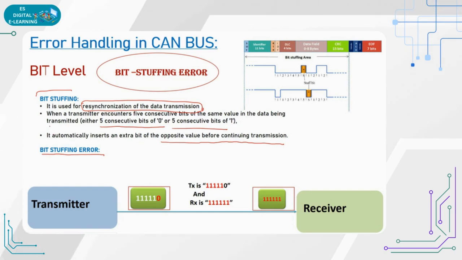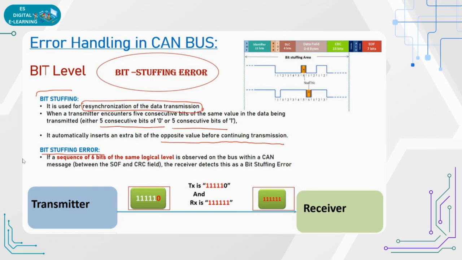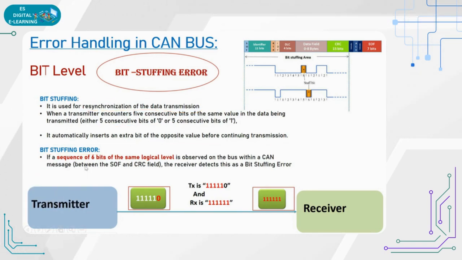Okay, so you can write down bit stuffing error. If in interviews they ask you what is a bit stuffing error, you can give this information: if a sequence of 6 bits of the same logic level, whether 6 ones or 6 zeros, is observed on the CAN bus within the CAN message.